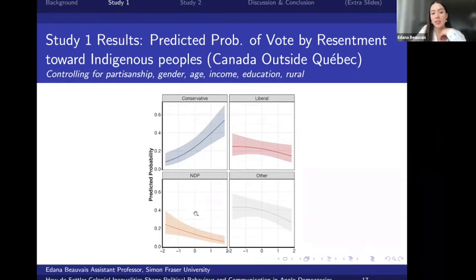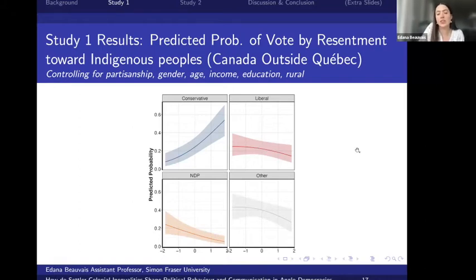And here we can see that for someone who scores the sample average of Indigenous resentment, there is again about a 0.25 or 25% predicted probability of voting conservative. But now if we increase 1 standard deviation above the sample average, somebody who scores 1 standard deviation higher than average resentment towards Indigenous peoples has about a 40% predicted probability of voting conservative. So there's a very powerful association between resentment towards Indigenous peoples and voting for the Conservative Party in Canada outside of Quebec.